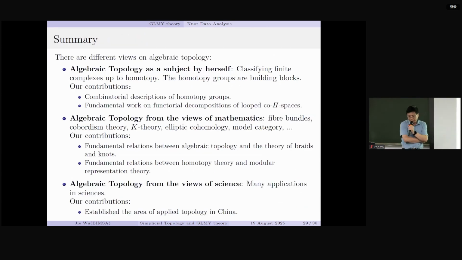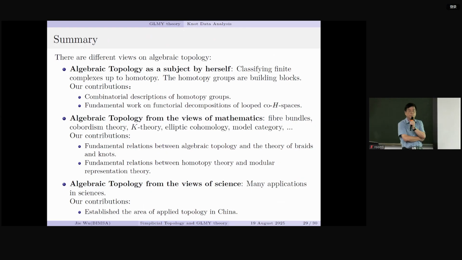Now I will try to give a bit of a summary of what our research is. From my point of view, there are three views of algebraic topology. First, algebraic topology as a subject by itself. What's the core problem?